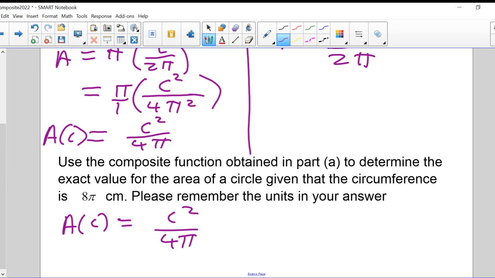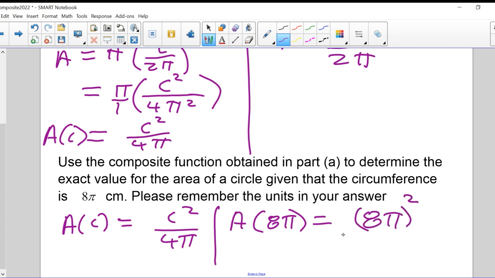Okay, so let's see how this works. I'm really trying to find A of 8 pi. So that's equal to 8 pi squared divided by 4 pi. Take the circumference, square it, divide by 4 pi. That should be my area.